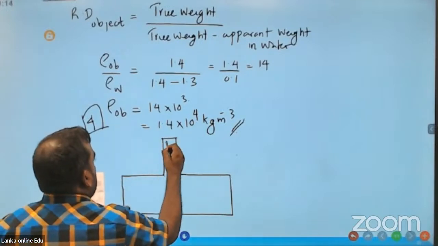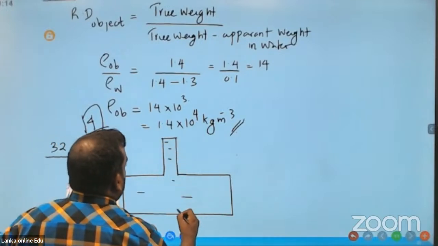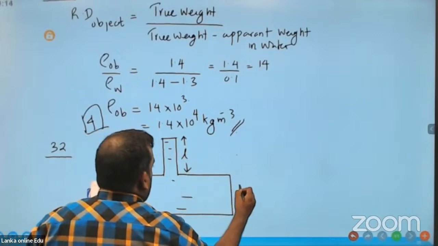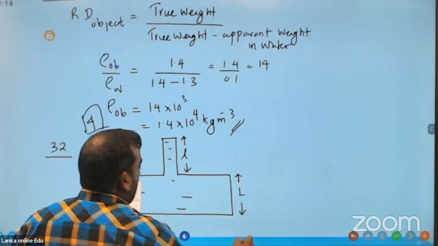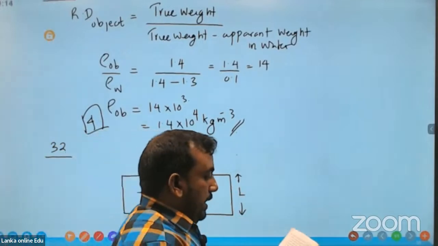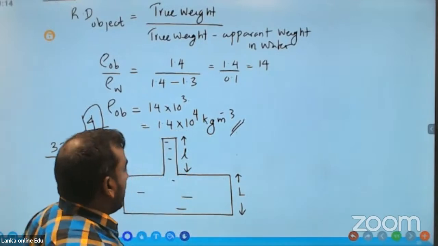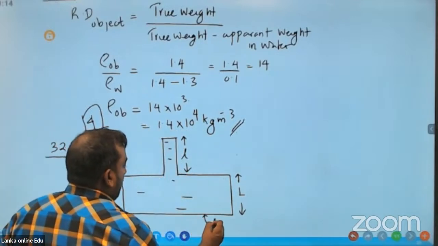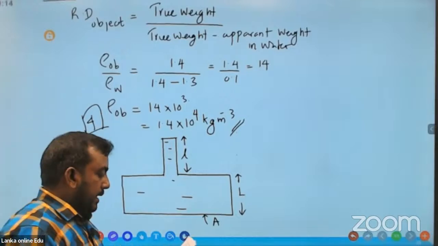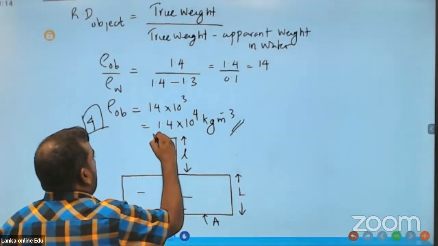This is liquid, length L here, and this is capital L. They are telling you the bottom area is capital A, and the cross section area here is simple A.